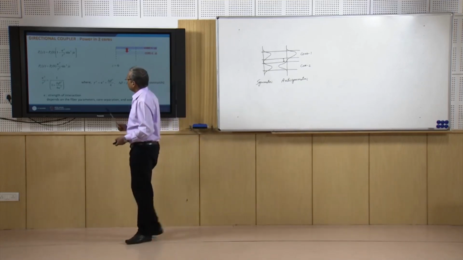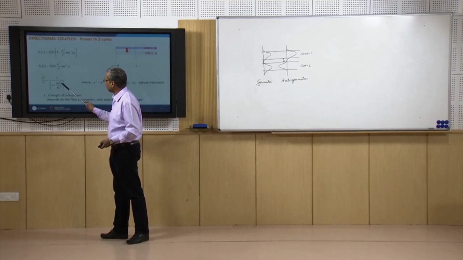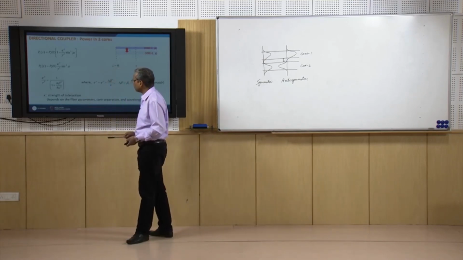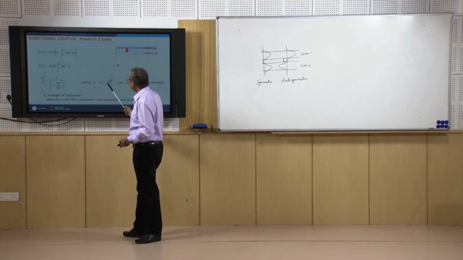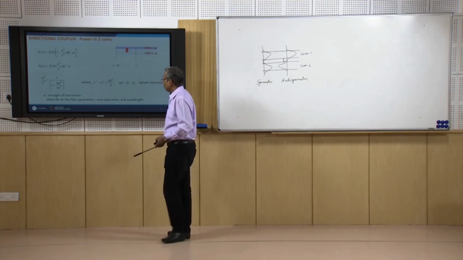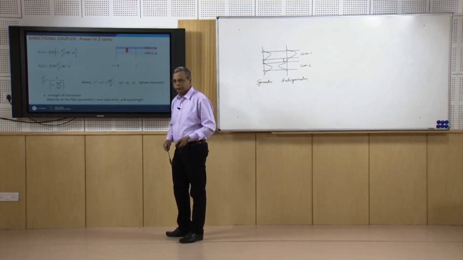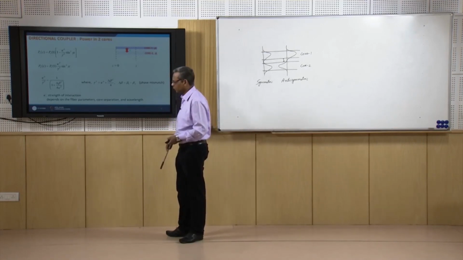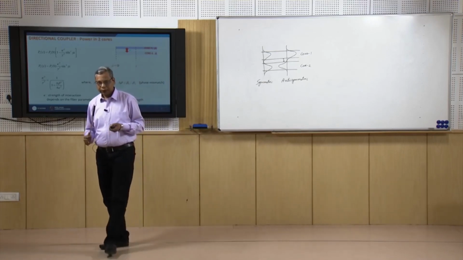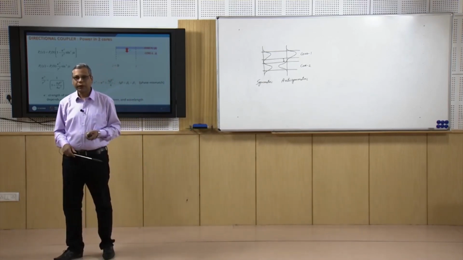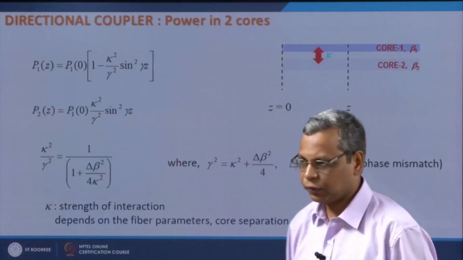What are kappa and gamma? Well, kappa square over gamma square is given by 1 over 1 plus delta beta square over 4 kappa square. So, gamma square is kappa square plus delta beta square over 4, where delta beta is beta 1 minus beta 2, which is also known as phase mismatch, because beta 1 represents the propagation constant of the mode of core 1 and beta 2 represents the propagation constant of the mode of core 2.